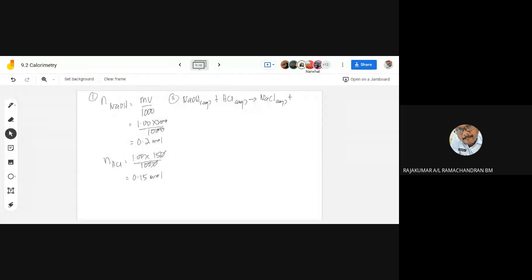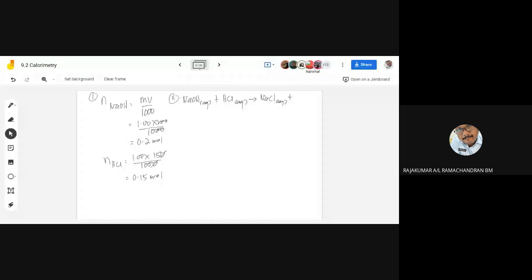Kita tengok equation, saya padam ni, I erase this one because I already explained. If I look at the equation, the mole of NaOH is 0.2 mole, HCl is 0.15 mole. Okay. So these are the information so far we got. Next is the third step. The third step is we calculate the enthalpy.